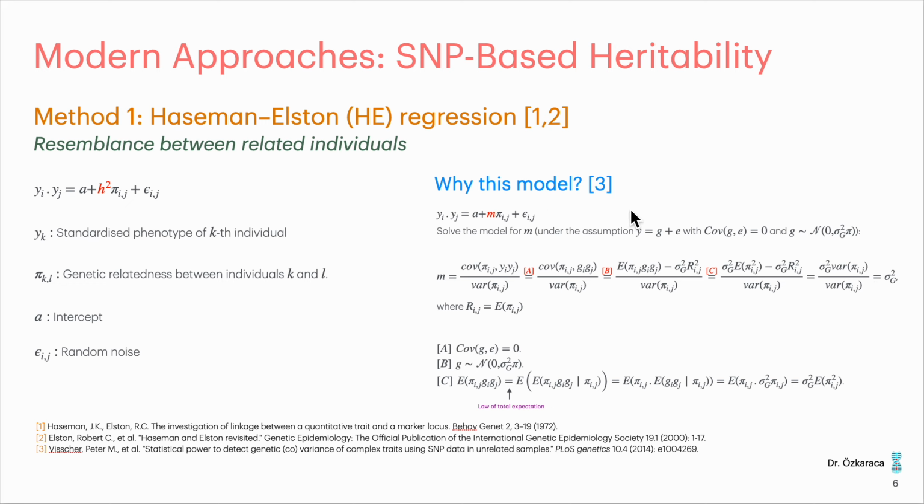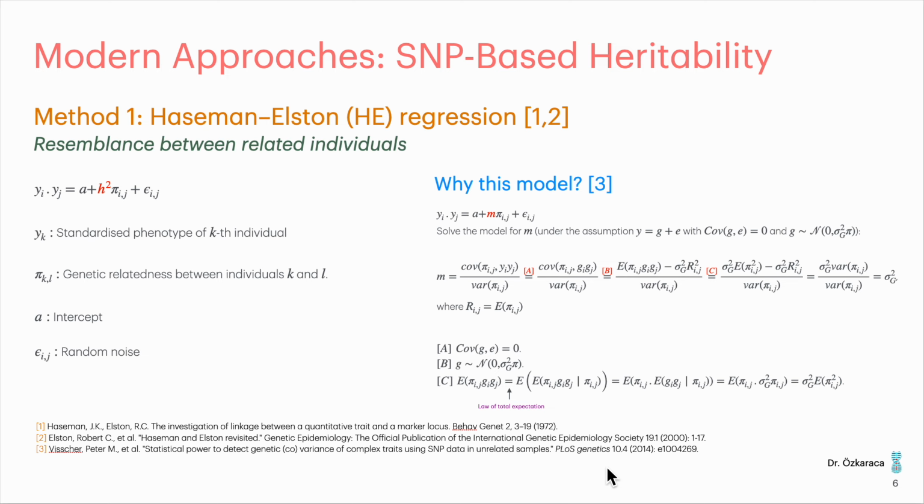And here I provided the detailed calculations. These steps are borrowed from Visscher et al., with minor changes and additional explanations added by me for clarity. I will not go through these, but if you are interested in mathematical details, feel free to pause the video and read through the derivations.